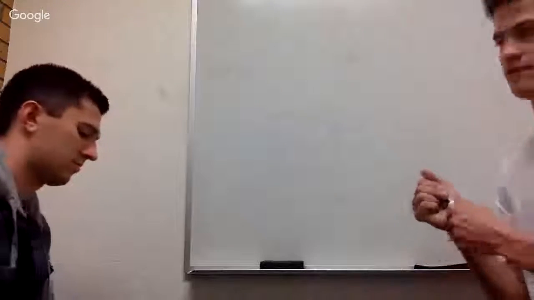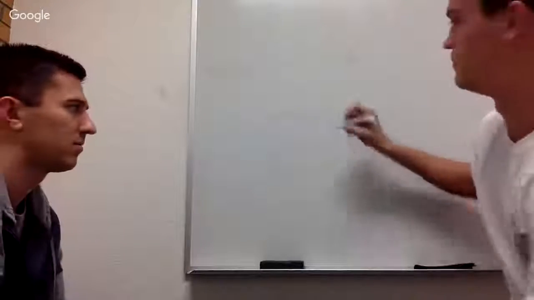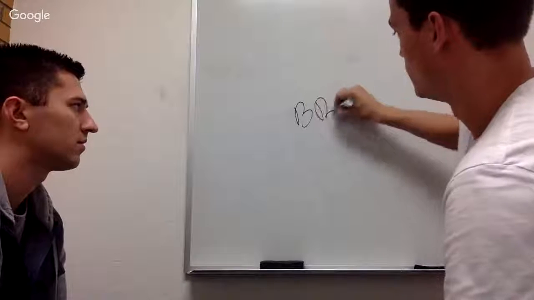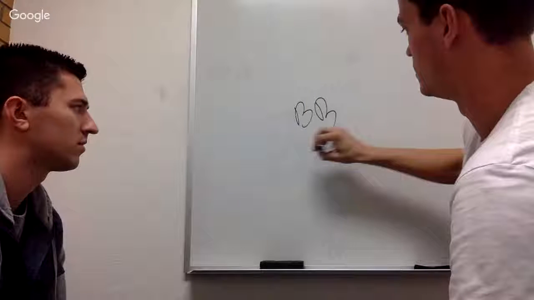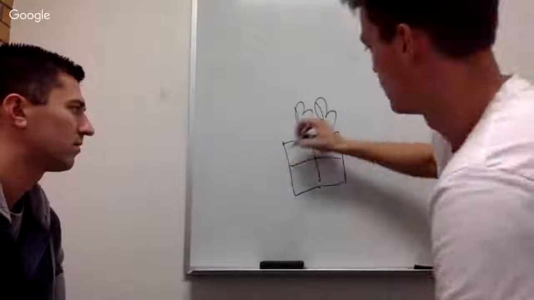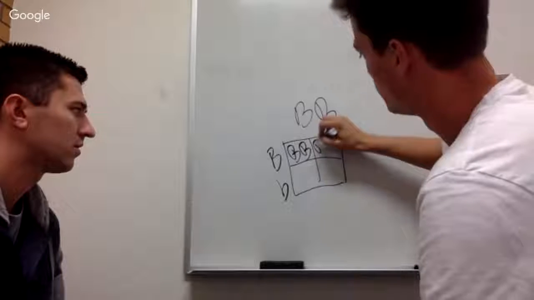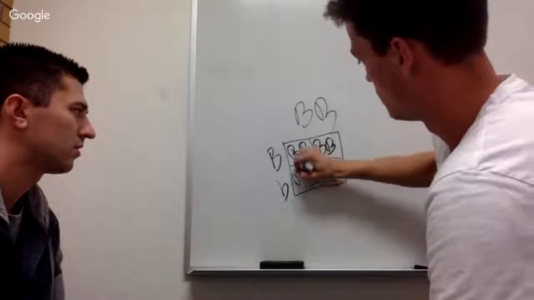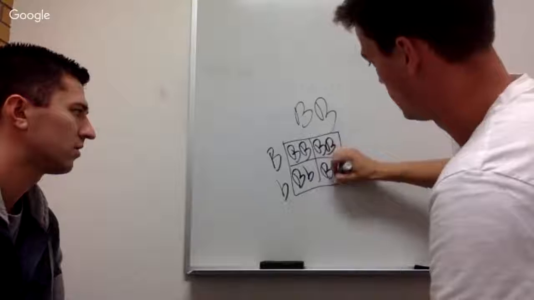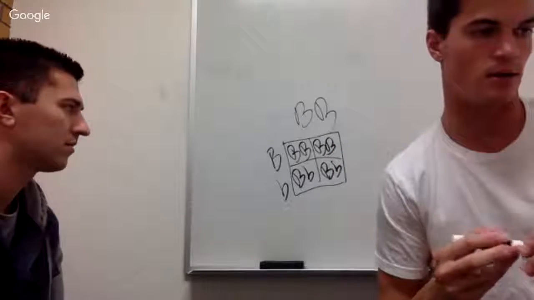And the genotypes that we find are going to be BB for the male, which is going to be the genotype with bearded. And for the female, we had a heterozygous Bb. So this gives us BB, Bb, BB, Bb.